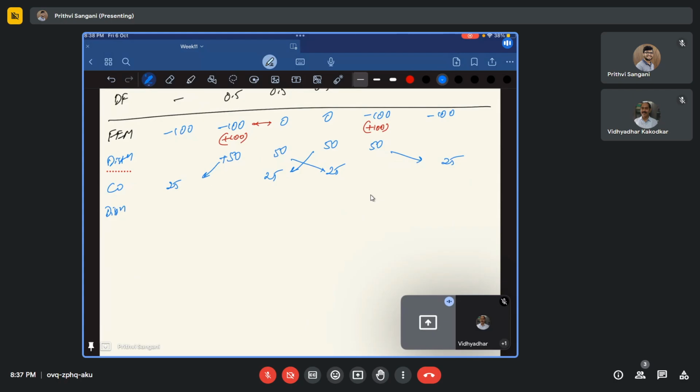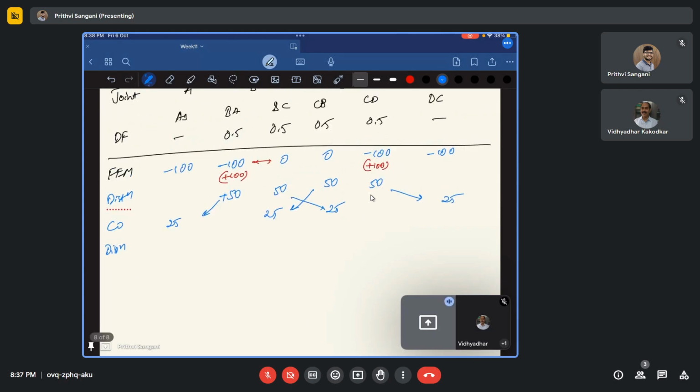So we have distribution again. Now you check. At joint C, CB and CD, we have a net moment of 25, so you need to apply minus 25, which divides as minus 12.5 and minus 12.5.